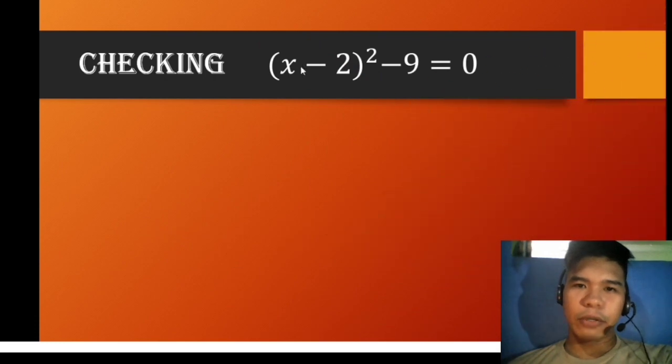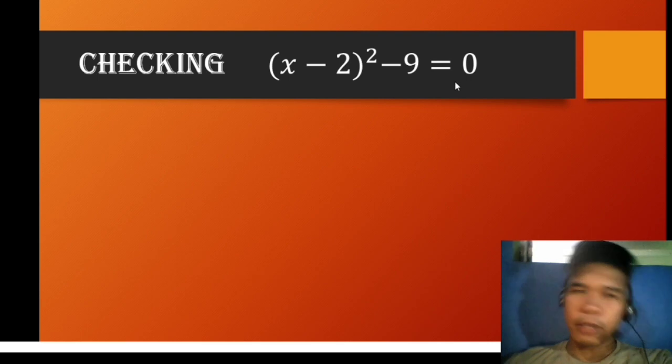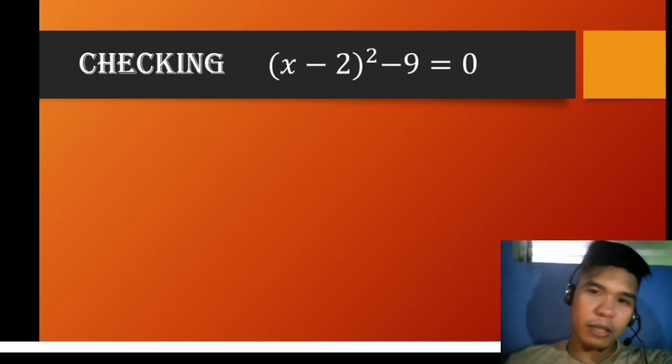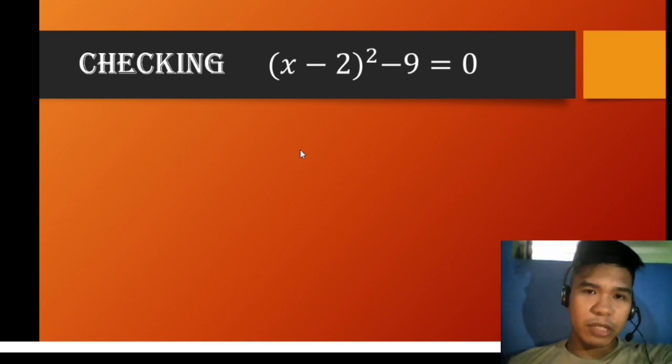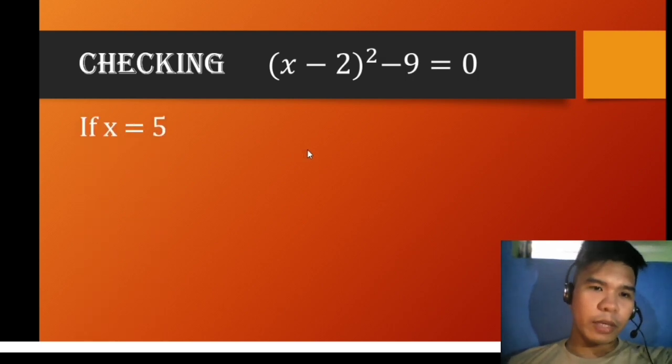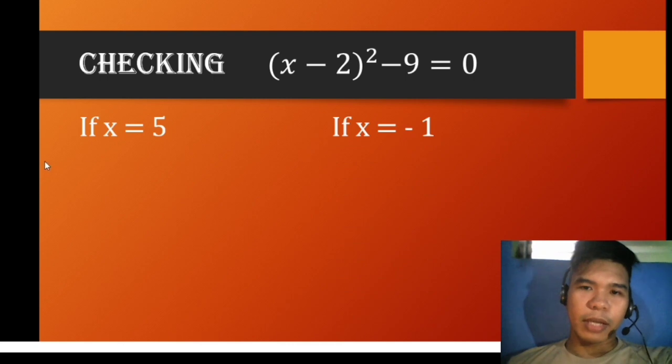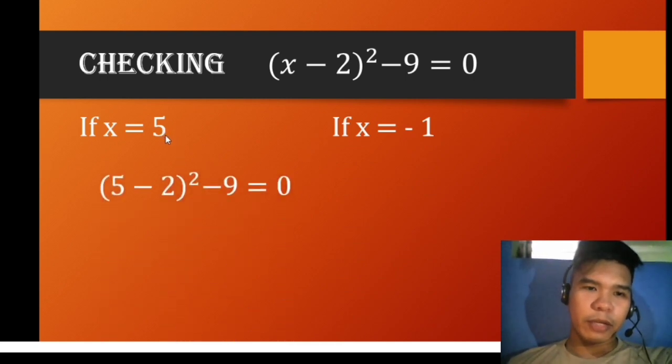Again, in checking, we're going to use the original equation, the quantity x minus 2 quantity squared minus 9 equal to 0. So we will check if it satisfies the equation with x equal to 5 and x equal to negative 1. So let us substitute 5 for the equation.